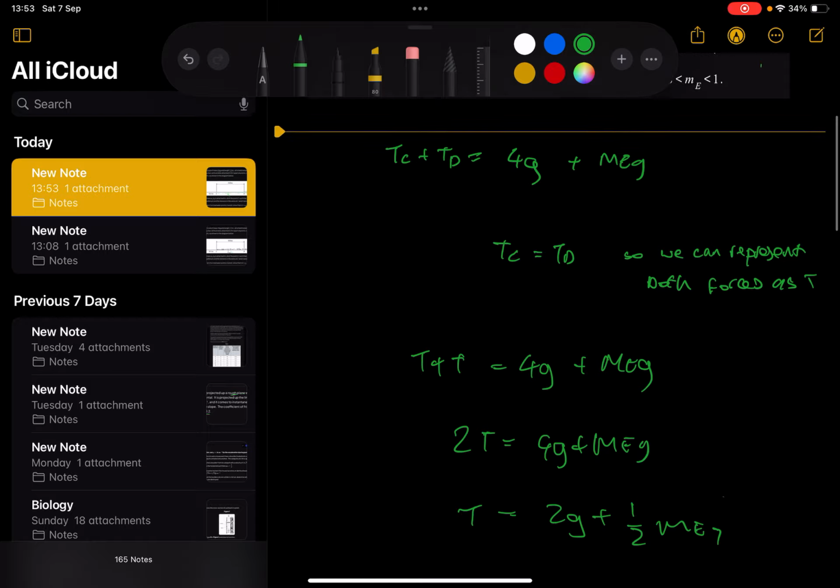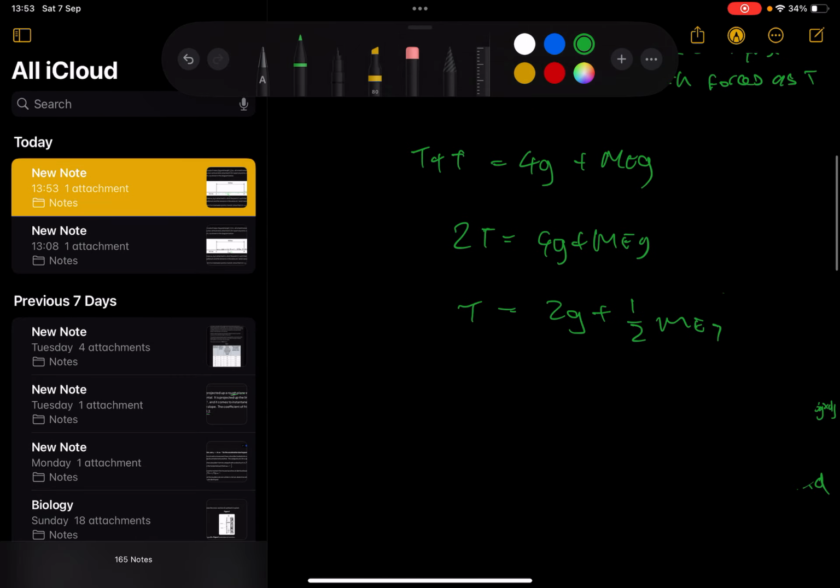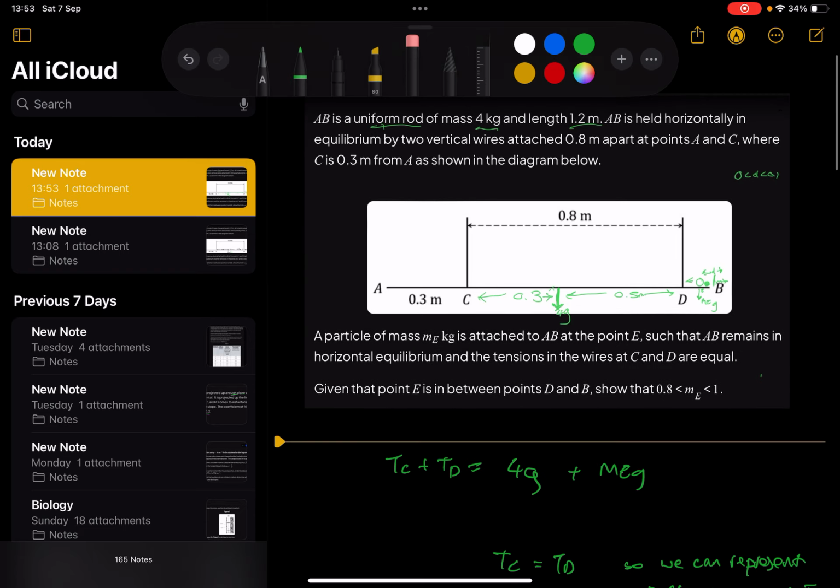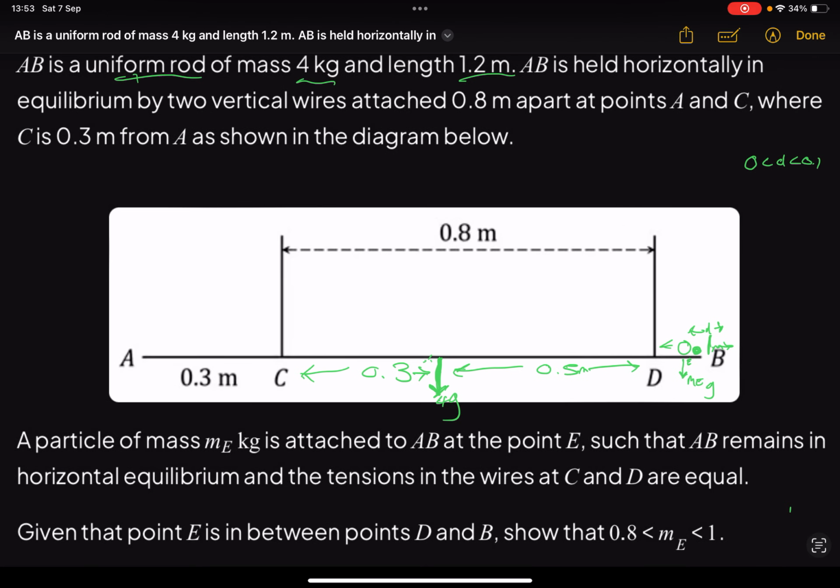And let's take the moments about B. So we know the distance from C to B is 0.9.